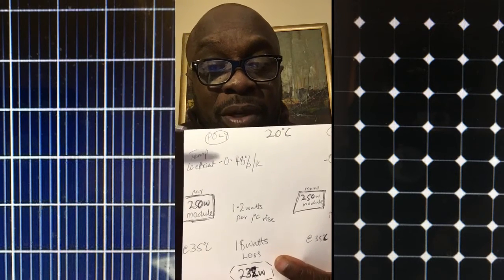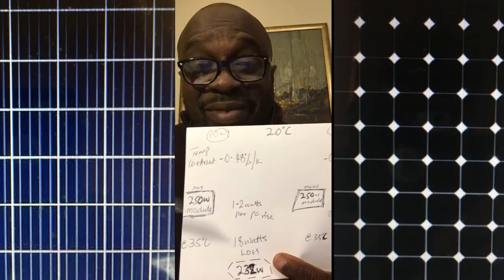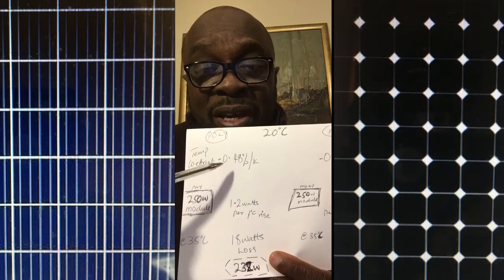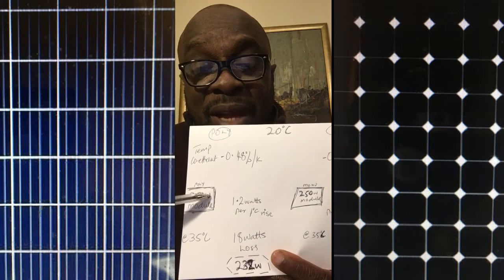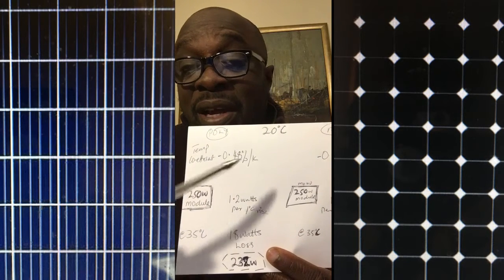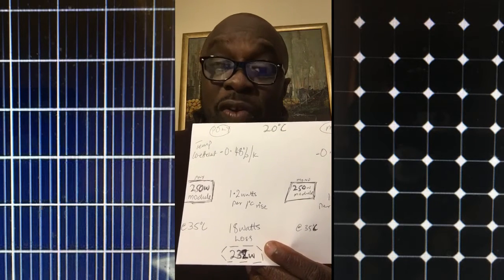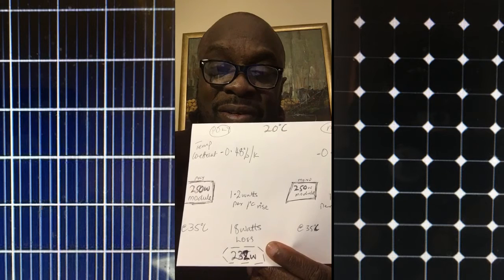Here we have a polycrystalline panel. Temperature coefficient is 0.48. These are typical values for 250 watt panels. This temperature and that 250 watt are all measured at 20 degrees centigrade under standard conditions.